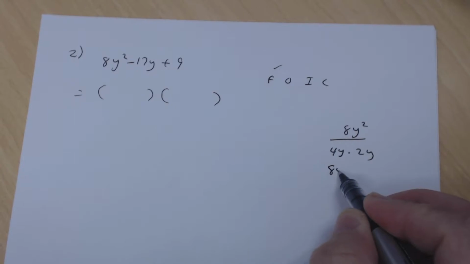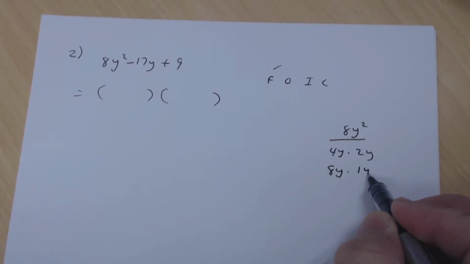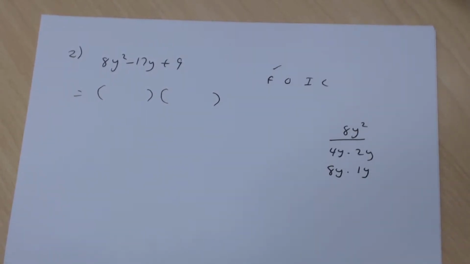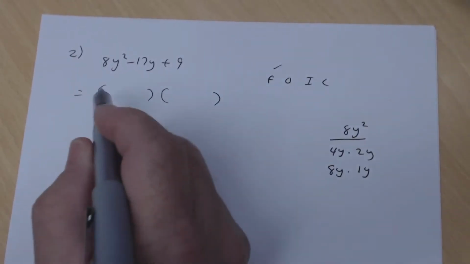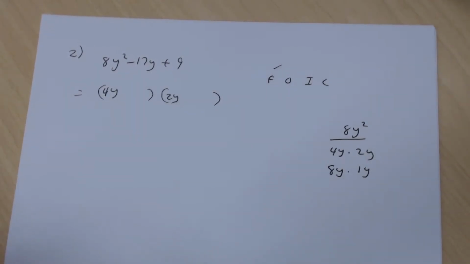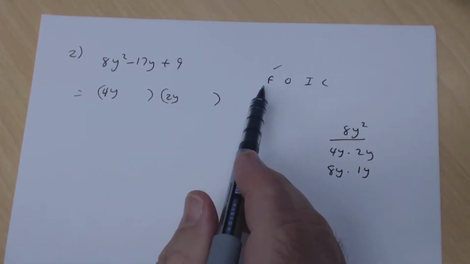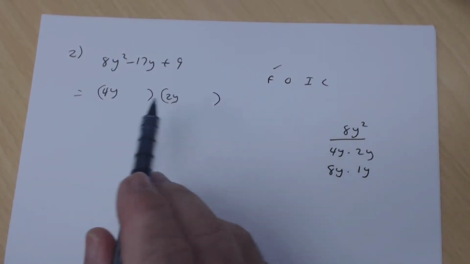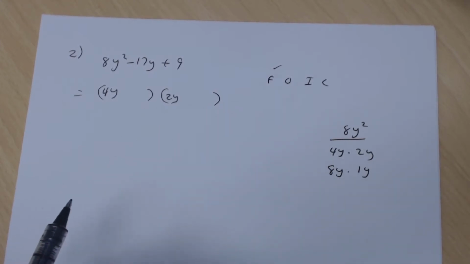I can say 8y times 1y. These are the only possibilities. So let's try the 4y and the 2y first. So let's put 4y and 2y here and see if it works. Okay, so that takes care of the F. So far I'm good. Now remember, I'm going to check this at the end to see if it really works.